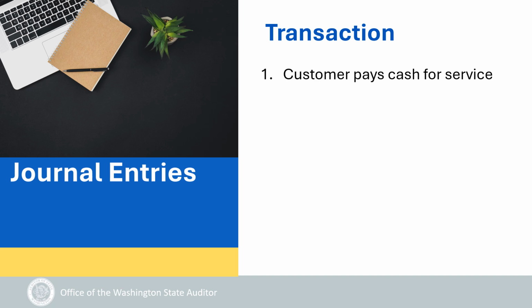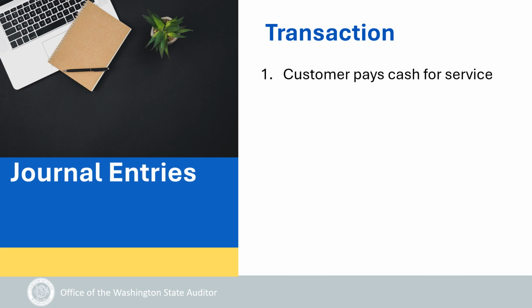When we have a transaction, we need to think about what accounts are impacted. We received cash for performing a service. Receiving cash means our cash balance increased. We know that cash has a normal debit balance. So to increase it, we need to debit cash.